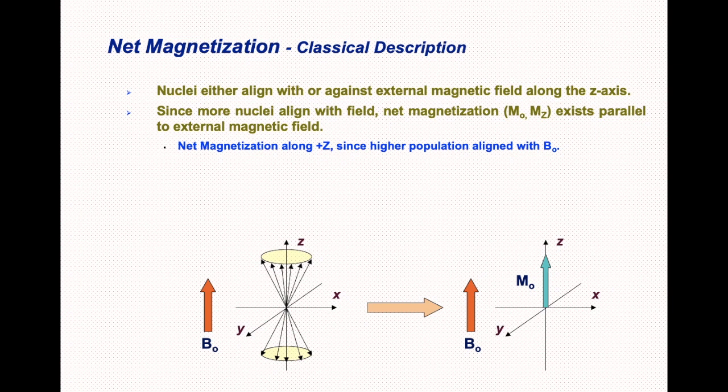At the same time, there are certain nuclei that will be opposing the applied magnetic field, and as a result, when you take the difference between the aligned and opposing, there will always be a significant number of nuclei pointing towards the applied field direction.